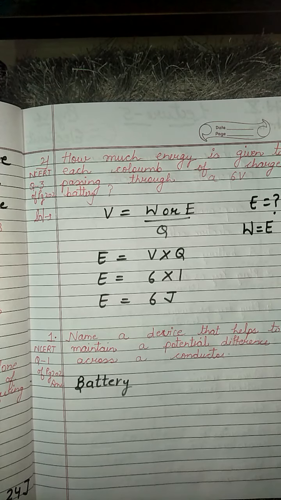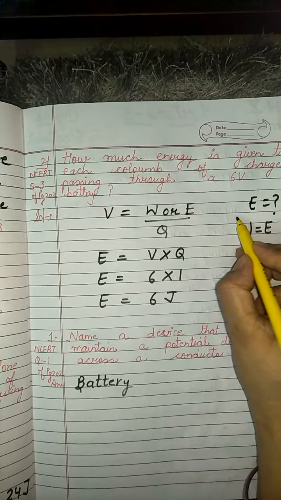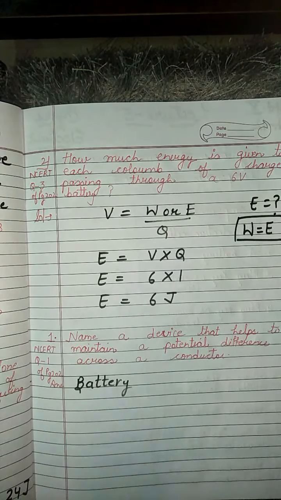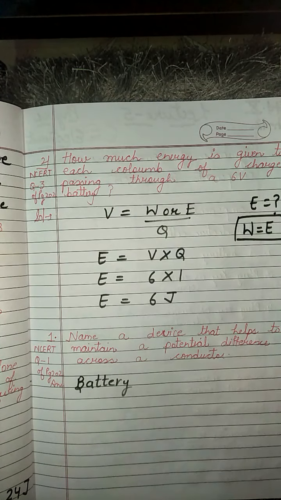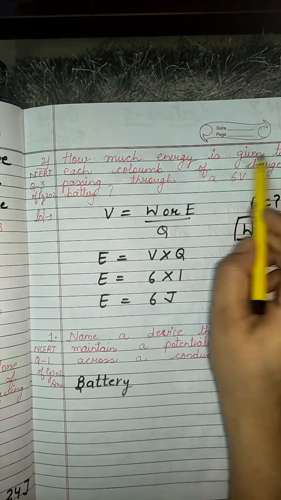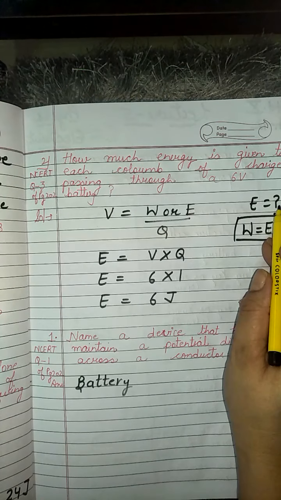We derived the kinetic energy as equivalent to work done. As is the amount of energy, so is the amount of work done. So very frequently instead of W we are using E, instead of E we are using W.